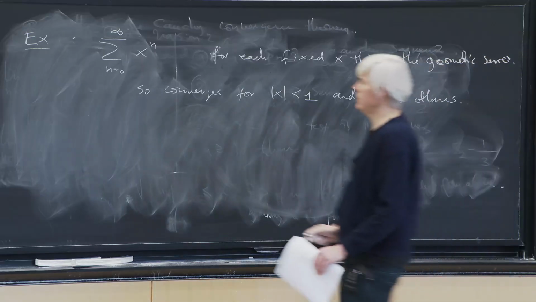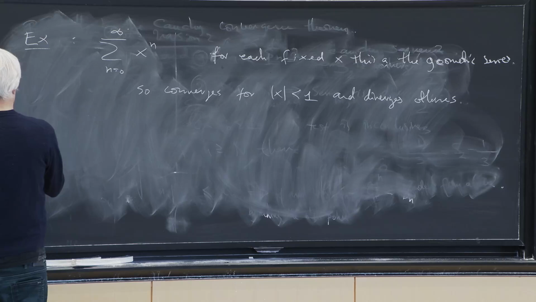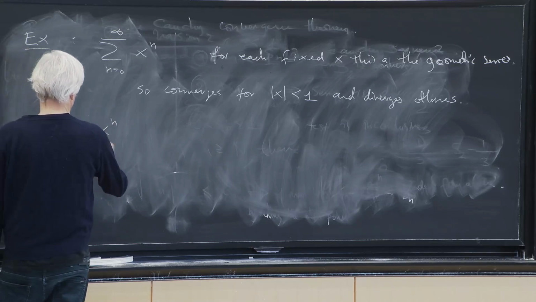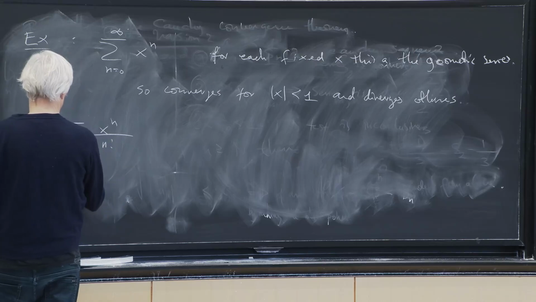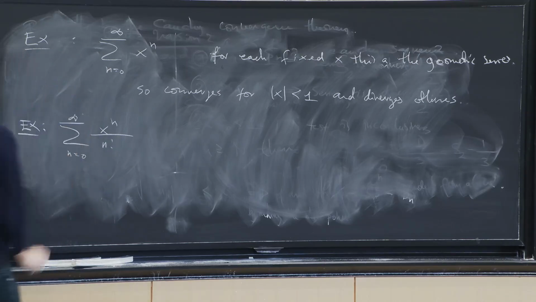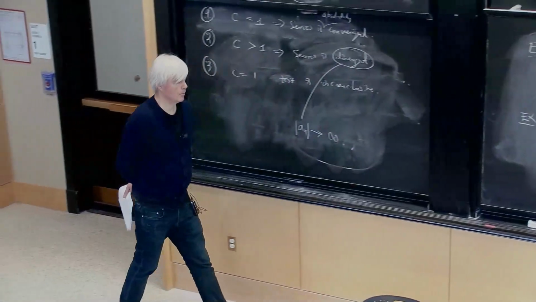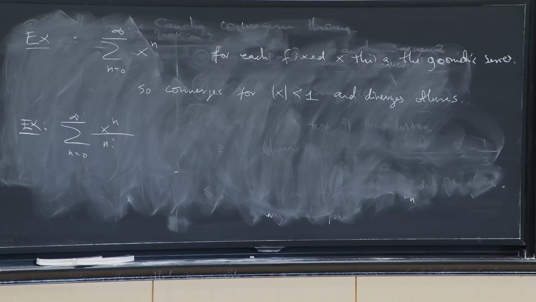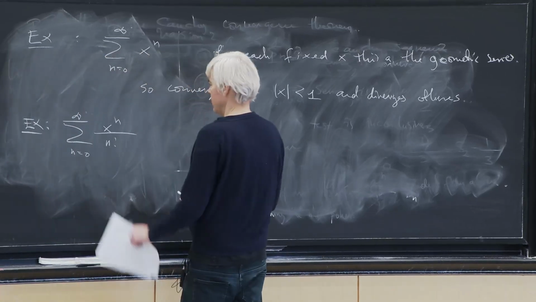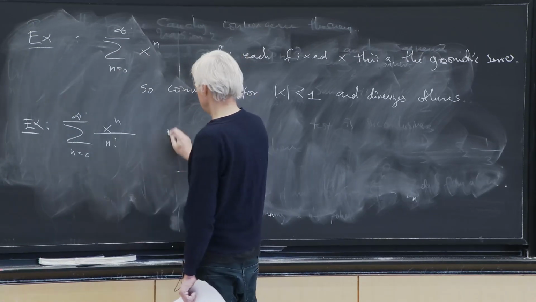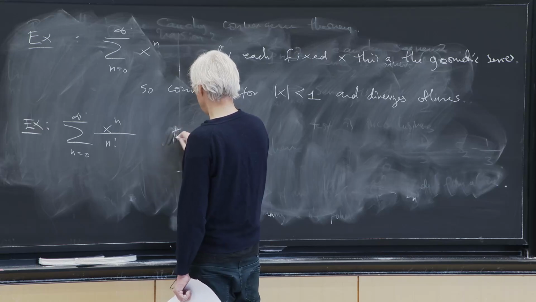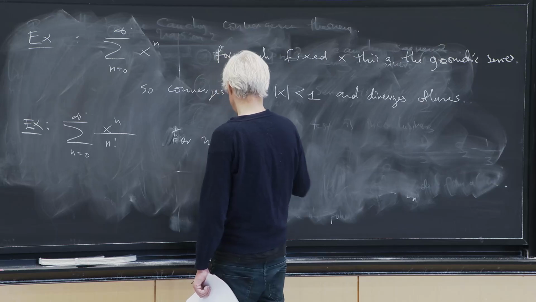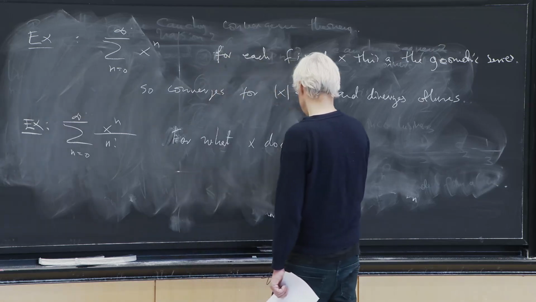Okay, now the next example I want to look at is the one power series that represents, but we haven't proven that yet, but we'll talk about that next time, the exponential function. If I'm looking at this power series here, then I'm interested in for what x does this converge?